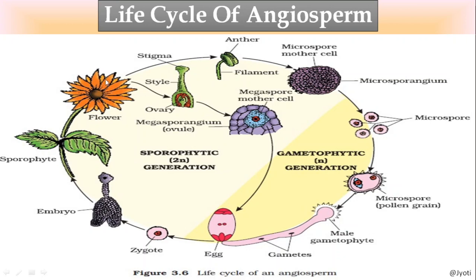The sporophyte undergoes asexual reproduction, or you can say the simple division method, and produces the gametophytes. Since the two phases or two generations alternate with each other, it is called alternation of generation. So the life cycle of angiosperm also shows alternation of generation.